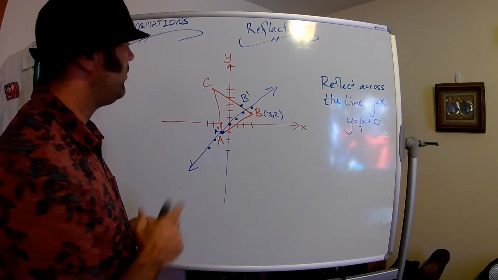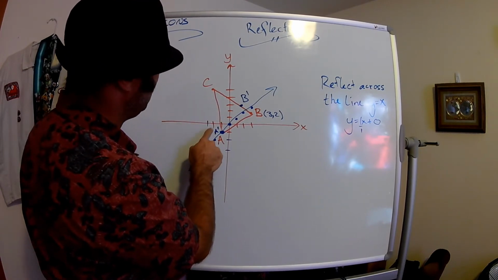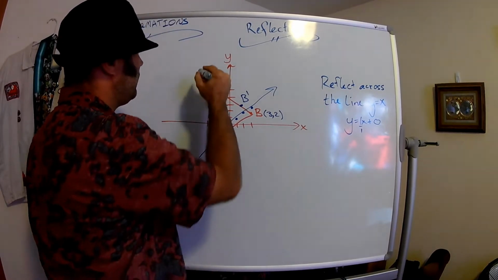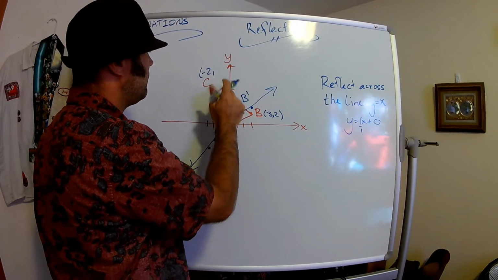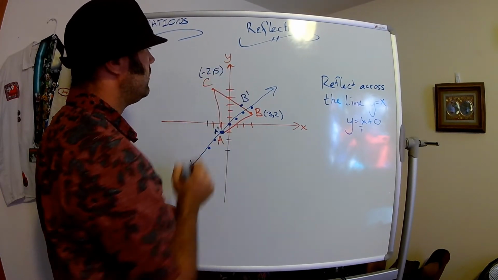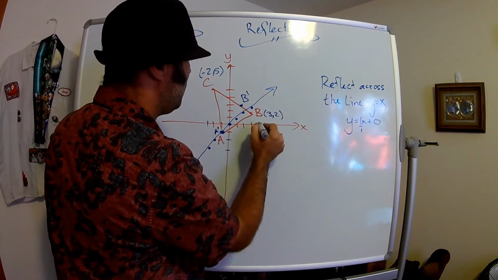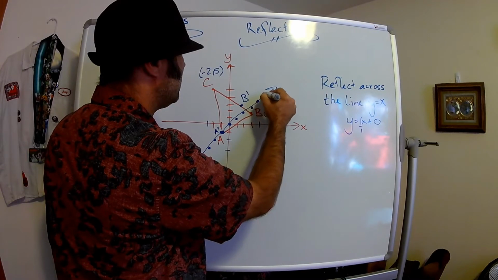Okay? C, we want to count how far it is away, and it is at the 2, so it's negative 2, comma 1, 2, 3, 4, 5, negative 2, comma 5. So let's go ahead and do a couple more of these then. Probably be useful.